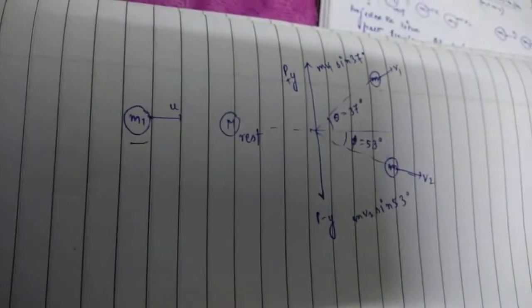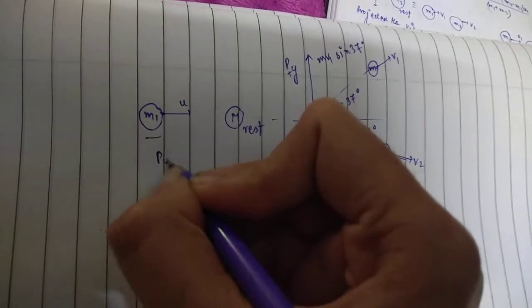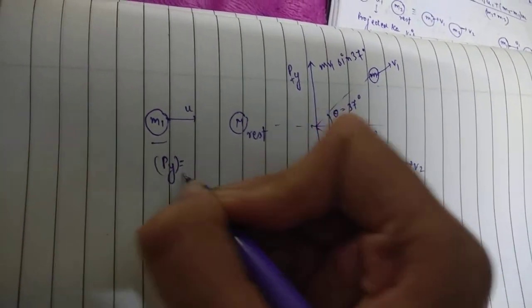And as we know, in the y direction initial momentum is 0. It is moving in the x direction, so in the y direction initial is 0, so final should also be 0 because no external force is applied.